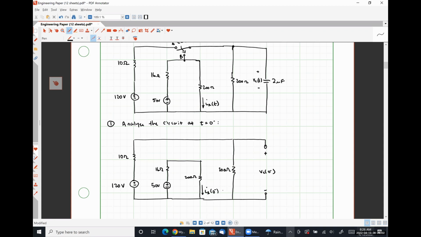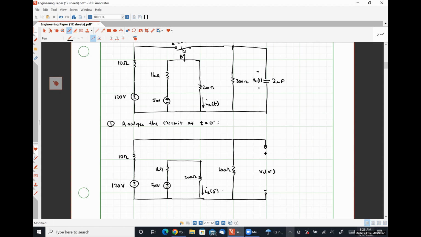What I mean by that is if we look at what's connected to the 120 volt source, we have a 10 ohm resistor in series with a 200 ohm resistor, and the capacitor voltage is just the drop over the 200 ohm resistor. So I would argue that we could apply voltage division to get the value of VC in a very straightforward fashion.